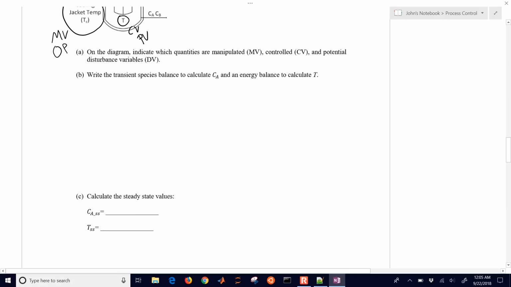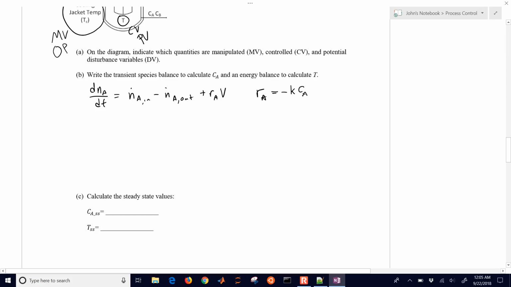Okay, so we're going to write the transient species balance, calculate Ca. What I'm going to do first of all is just do dNa/dt, the number of moles of A with respect to time, and that is going to be the number of moles in, number of moles out, plus the reaction rate of A times V. Now the reaction rate of A wasn't given to us, so let's say that equals negative K times Ca.